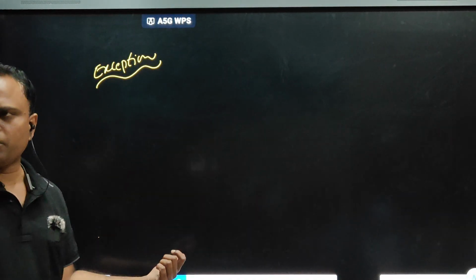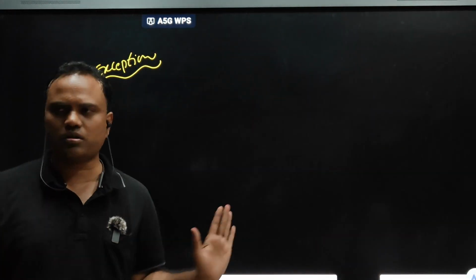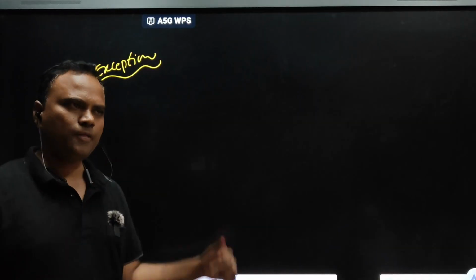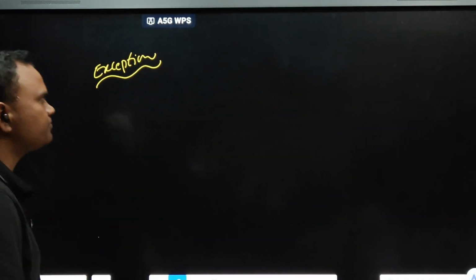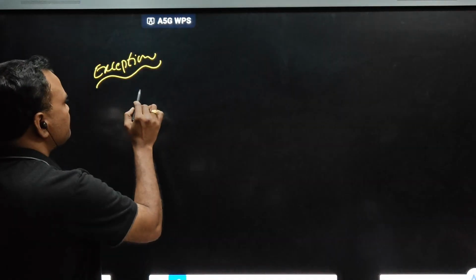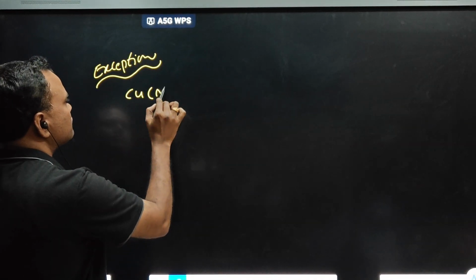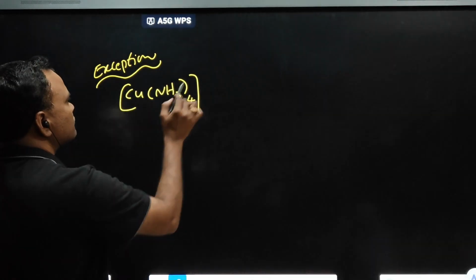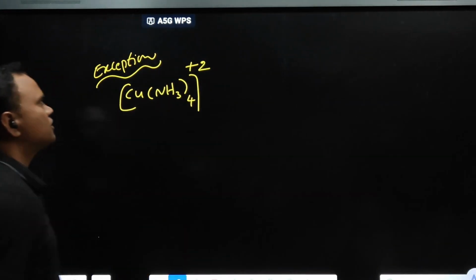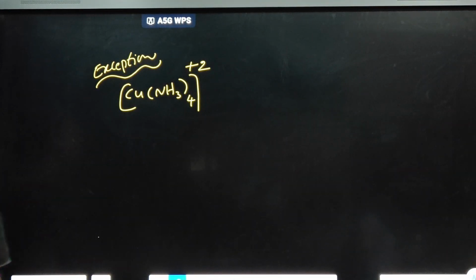Like nickel tetracarbonyl, first two are normal models for NEET. Exceptional cases are rare, but for JEE means very important. This is also a very important exceptional case.